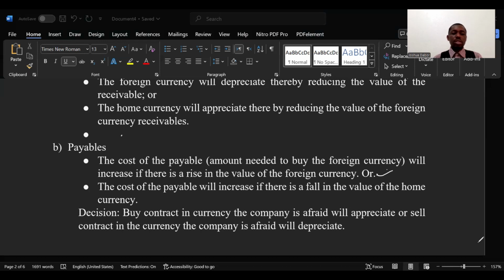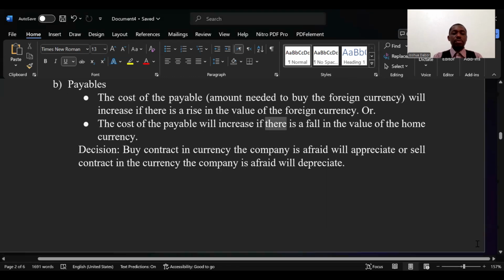So the decision: buy contracts in the currency that the company is afraid will appreciate, or sell contracts in the currency that the company is afraid will depreciate. So that is for the exposure.